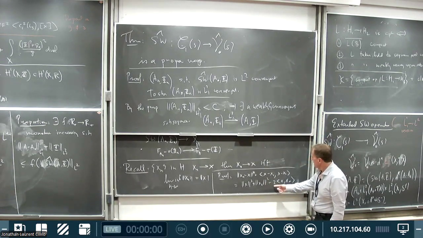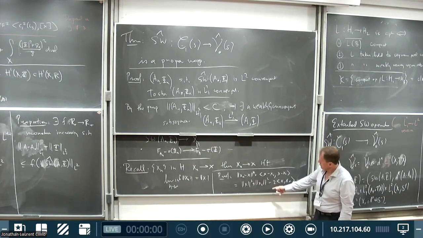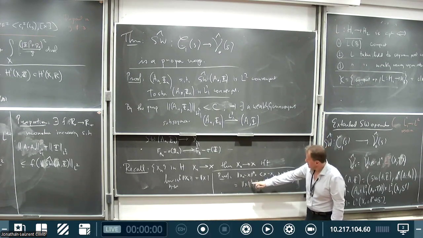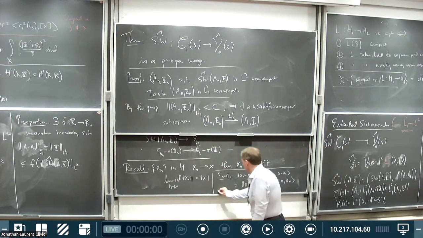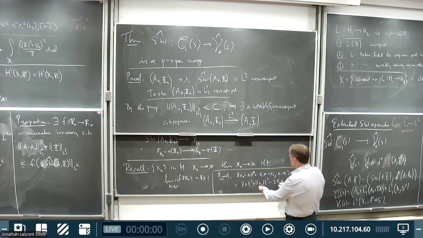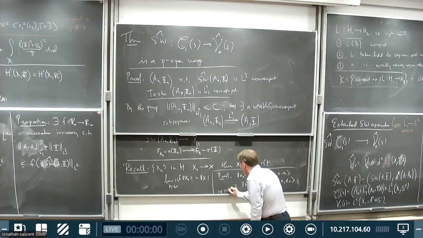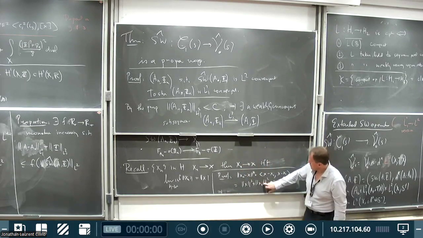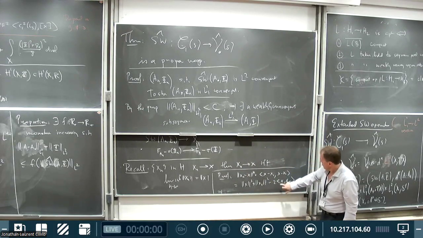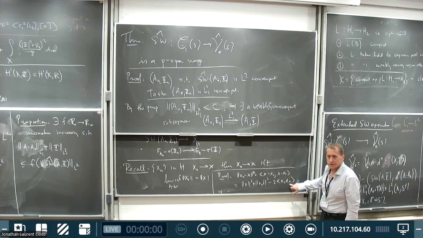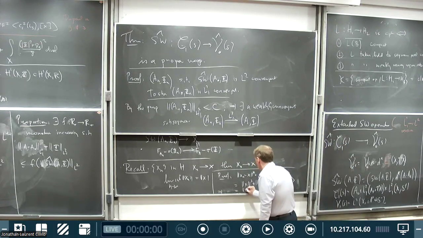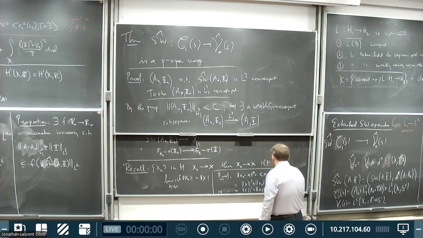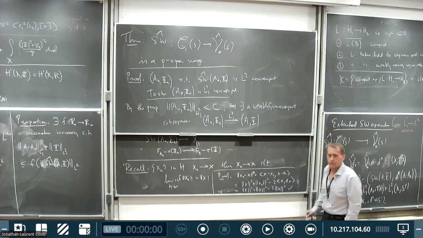And now, if I take a sequence that's achieving the lim inf, then passing to the limit, well, this by assumption converges to the norm of X, but this is a weakly convergent sequence, so this converges to the inner product of X with X. So this is equal to the norm of X squared, which is famously 0.